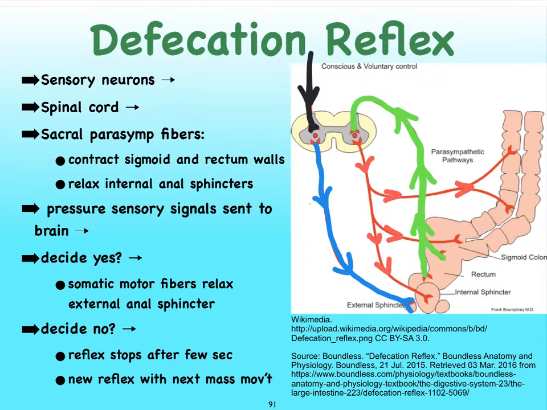Integration occurs, and as a result, parasympathetic motor fibers are going to start dumping acetylcholine onto the smooth muscle of both your sigmoid colon and rectum, causing them to contract, squeezing the feces even further into that anal canal.